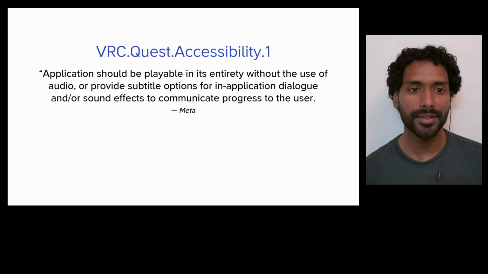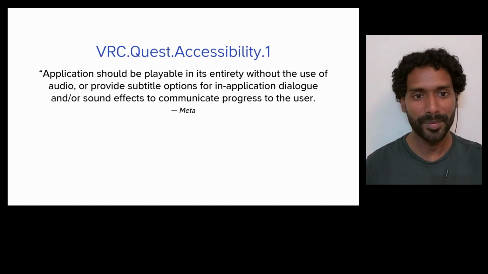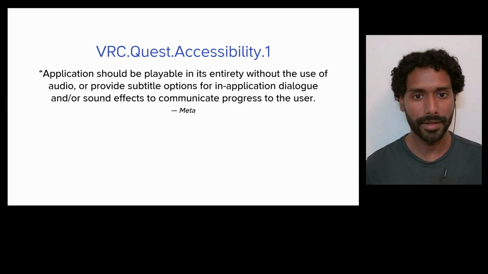But before that, let's take a look at one of the virtual reality guidelines. So Yuvraj already talked about the VRCs. This is a different VRC from Meta, which is a recommendation for apps that are published on Meta's App Store. And they say that applications should be playable in their entirety without the use of audio by providing subtitle options for dialogue and sound effects.